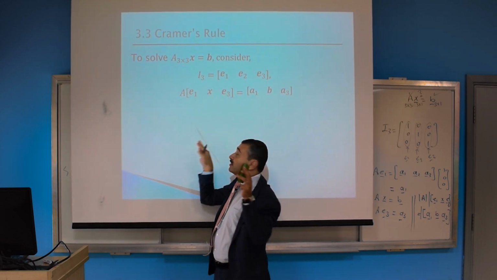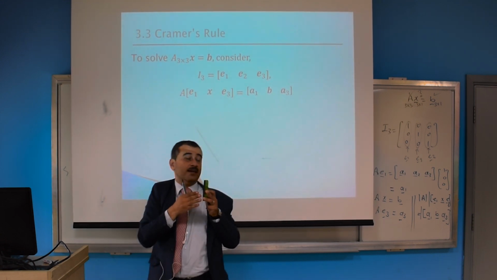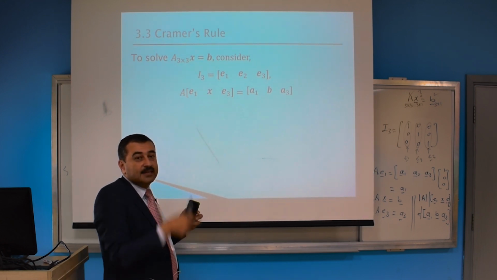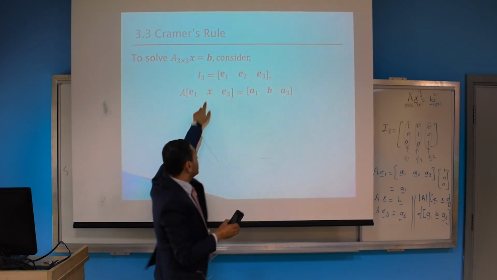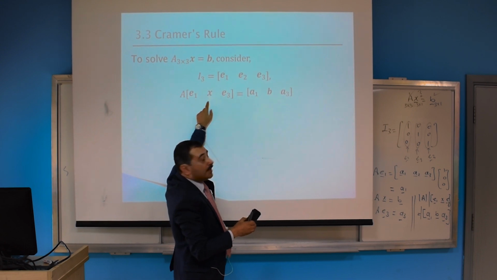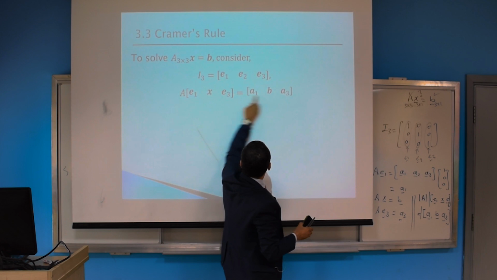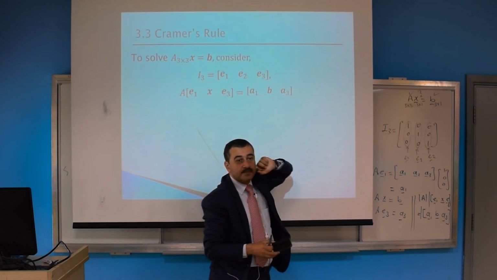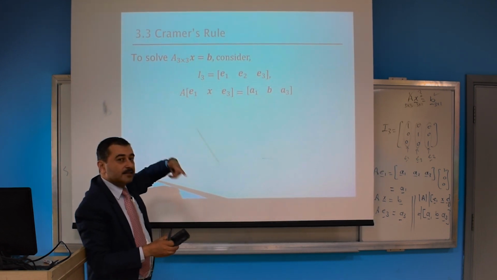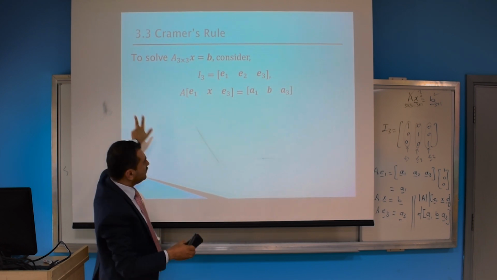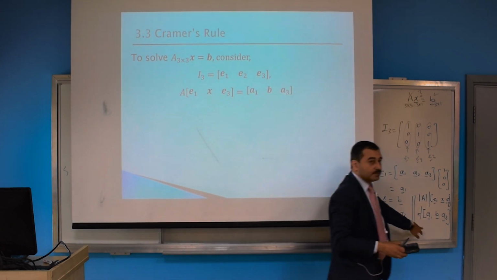So this matrix contains the columns of the identity except the second column, which I replaced with X. And according to the multiplication, you will get A1 here, A3 here, and AX equal B in the middle. Then I take the determinant of both sides, so we'll get this equation.